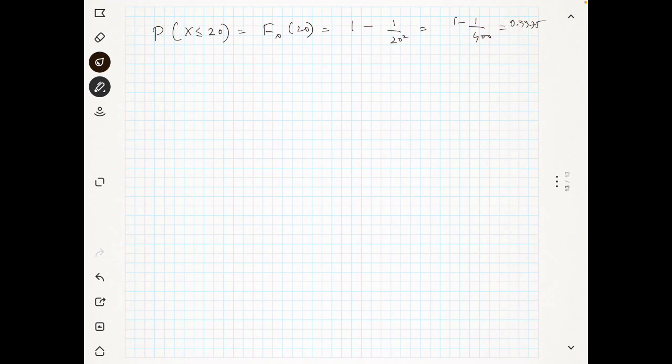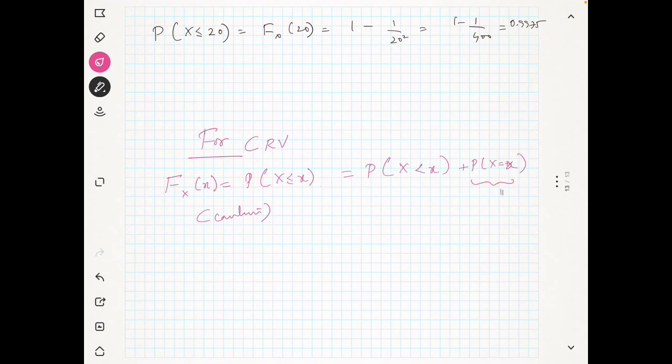For my conclusion, this is a very important point. For a continuous random variable, Fx of x is nothing but the probability that x takes a value less than or equal to x. This is the probability that x is less than x plus the probability that x is equal to x, but for a continuous variable this is usually 0, because there is no meaning, as we have seen in lecture 2 when we explained the sigma algebra.